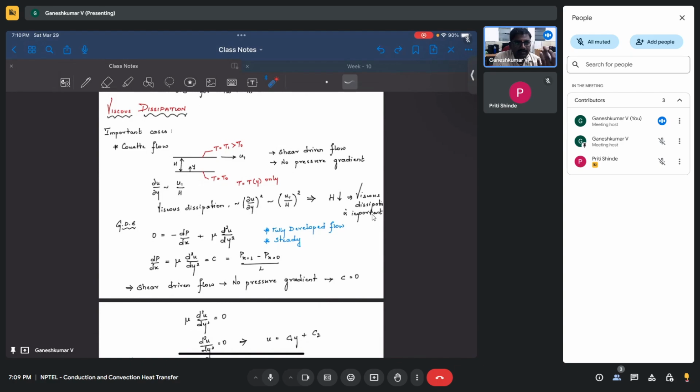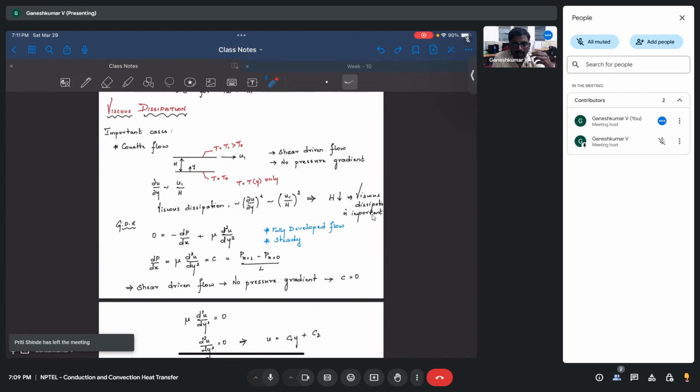When do you consider viscous dissipation? When is it important, right? Initially we discussed how the viscous dissipation scales as u1 by h square. Now, if h continues to decrease, then u1 by h square will continue to increase, and since it increases, the viscous dissipation becomes important.